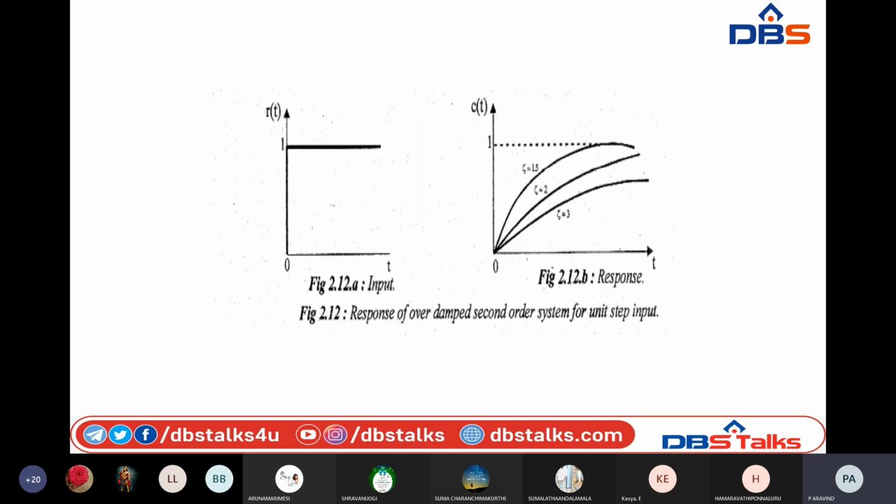If zeta is in between 0 and 1, that is 0 less than zeta less than 1, that is the underdamped system case. For all these cases, we have seen the response of the system in time domain for unit step input as well as step input.